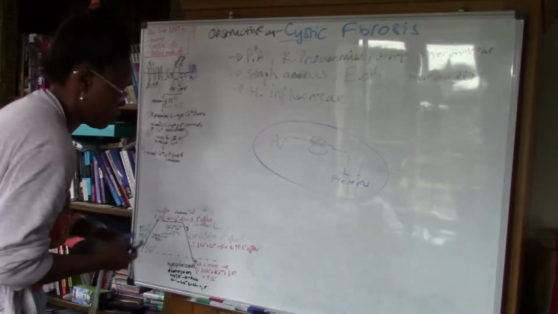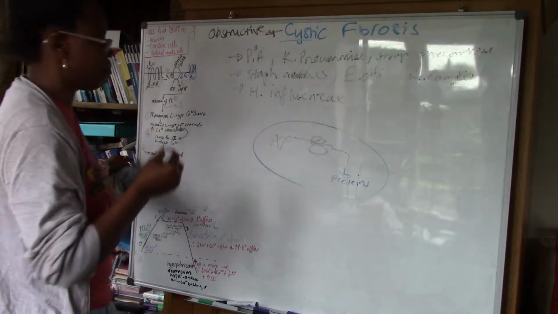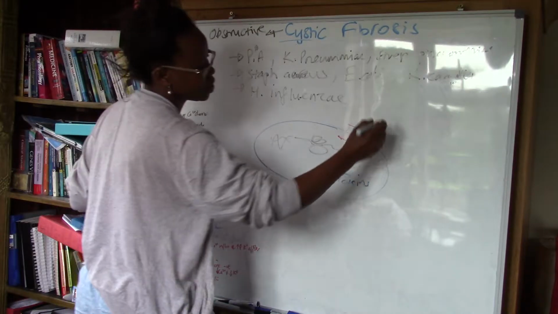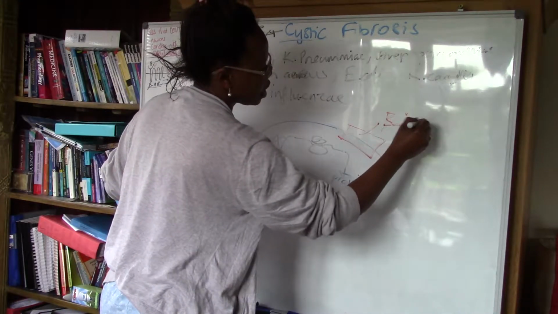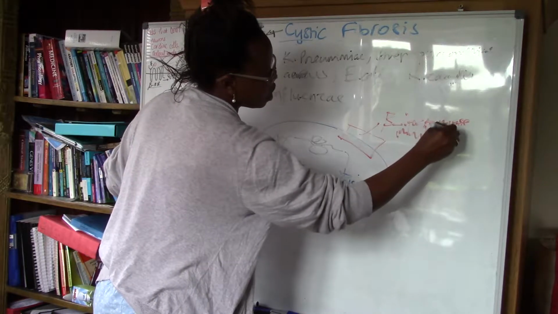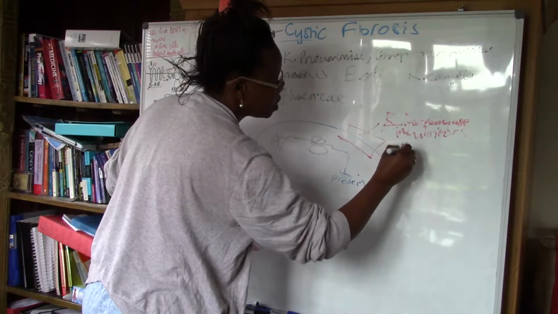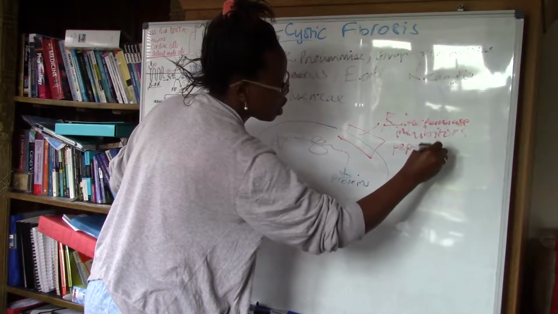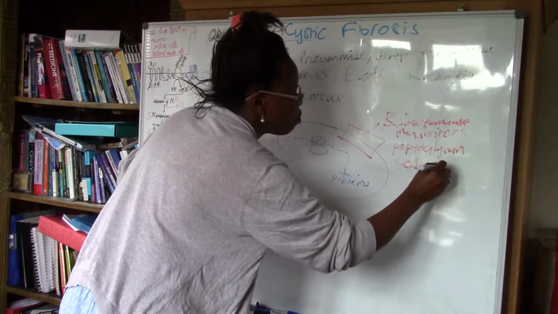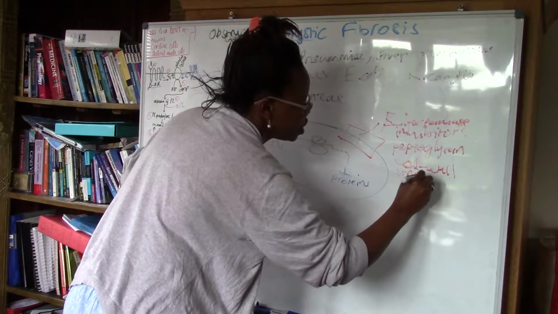So really, the antibiotics that are given are things like penicillins, which are B-lactamase inhibitors. They will inhibit the peptidoglycan, which is a cell wall component that gives the cell wall its structure and rigidity.